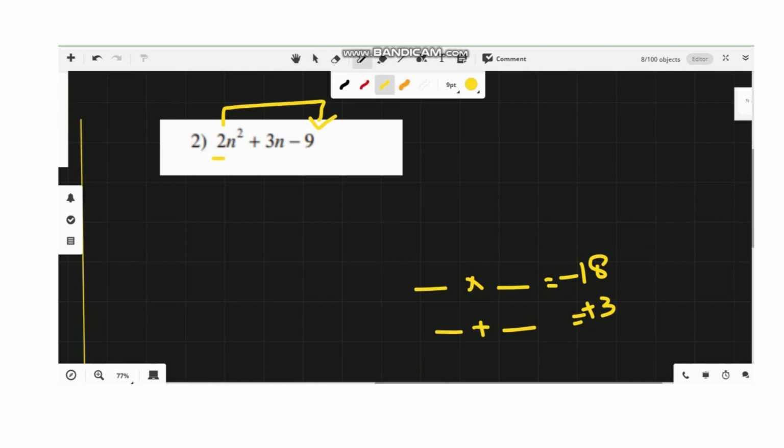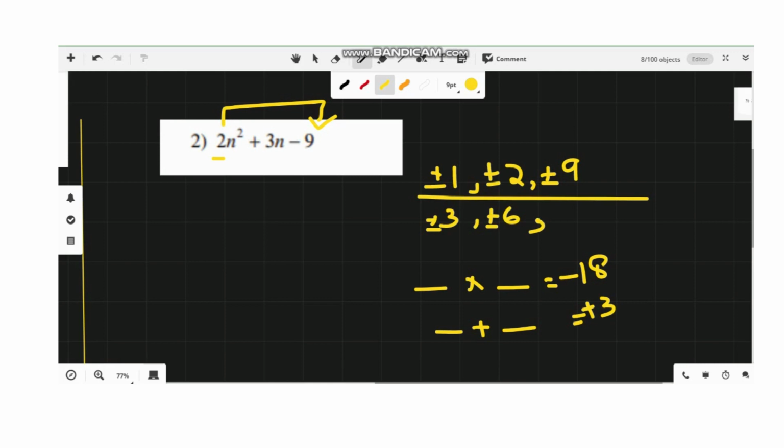So -18, I got, so -18 factors are plus -1, plus -2, 2 times 9 is 18, so plus -9, then 3 plus -3, 3 times 5 is 15, 3 times 6 is 18, so plus -6, and then 9 times 2 is 18, 3 times 6 is 18, and 18 also comes in its table. Then plus -6 and plus -18 is also a factor of it.